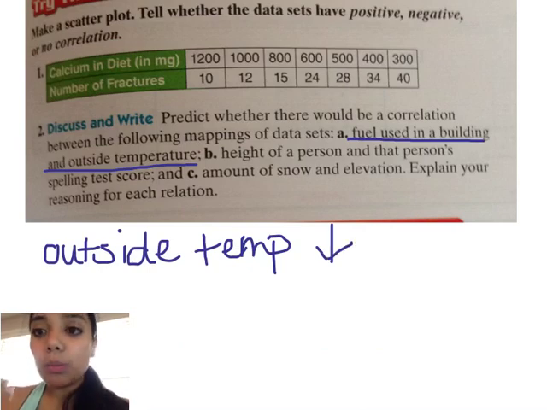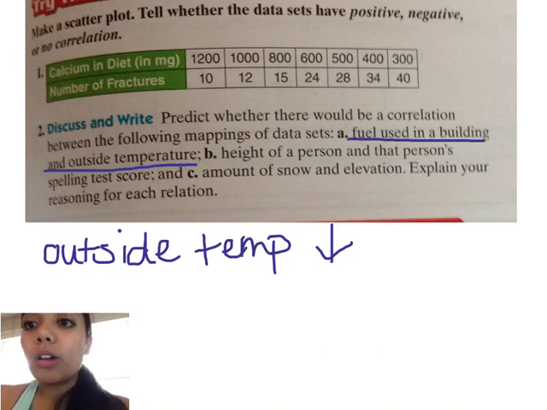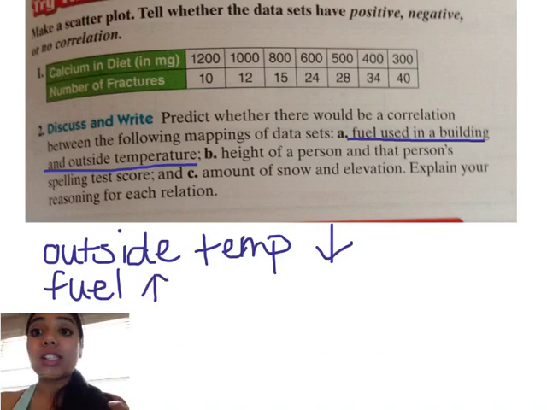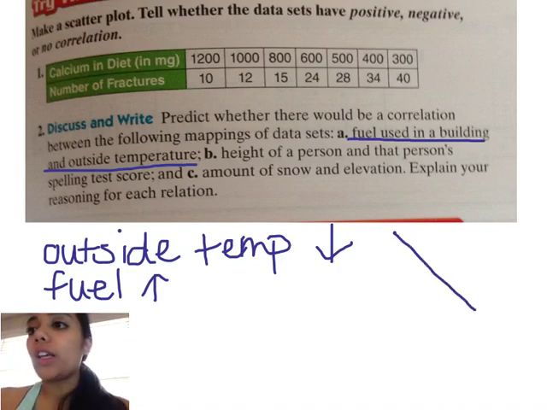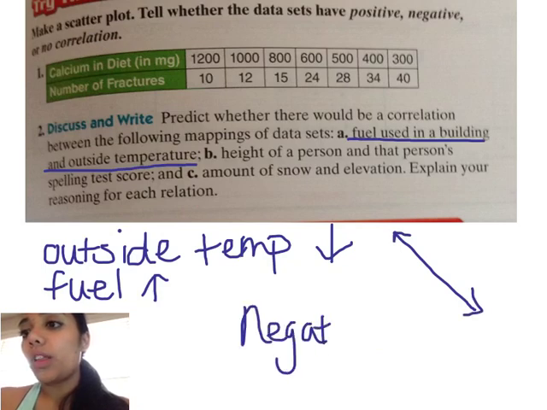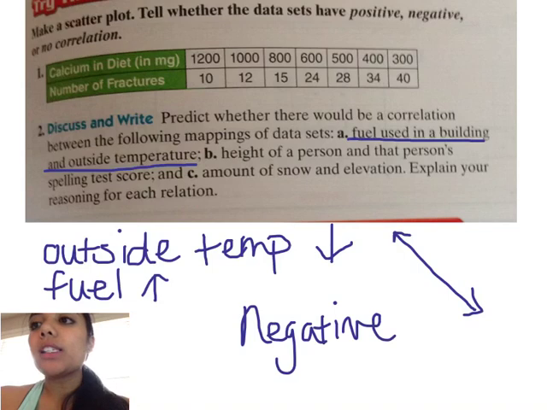That means inside the building, typically for a heater, fuel used in the building will increase. So if one's decreasing and one's increasing, what does that mean? That means you'll have a negative correlation. Negative correlation. So that's A.